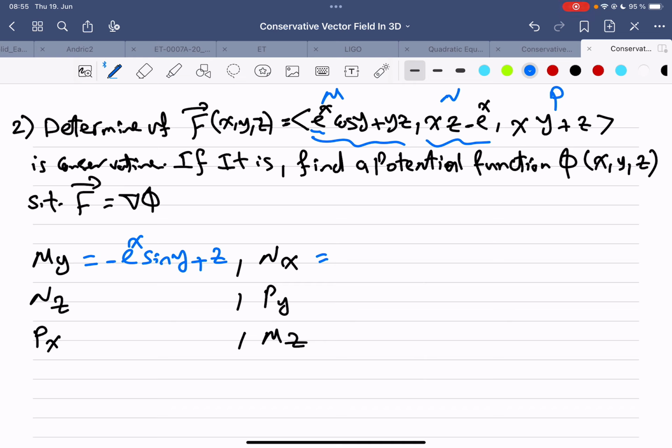Yeah. This is x z minus e to the power x sine y. Sorry for this.